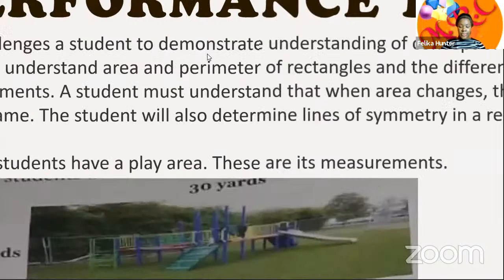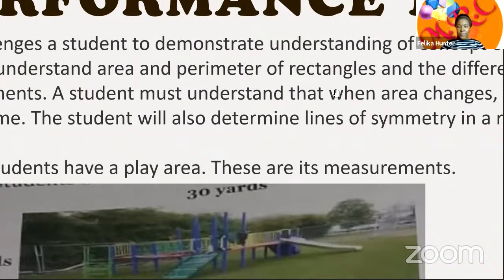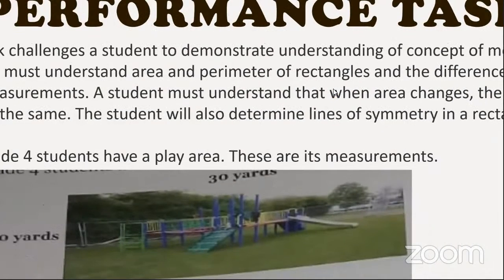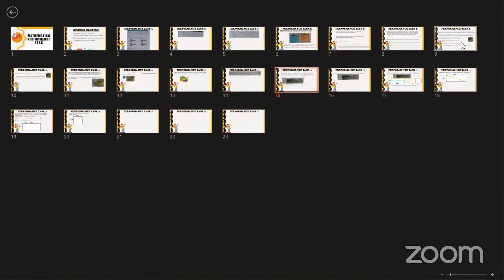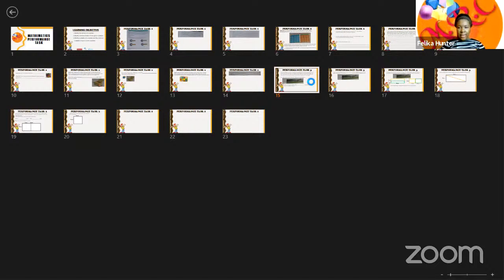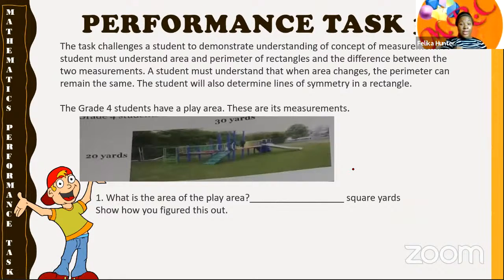One, perimeter. Two, area of rectangles. And we also need to know that when area changes, the perimeter remains the same. So the area can change, but the perimeter is going to remain the same. Throughout this task, those are the things that you'll be tested for.